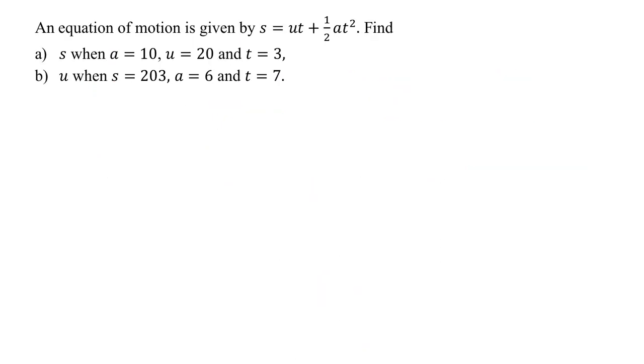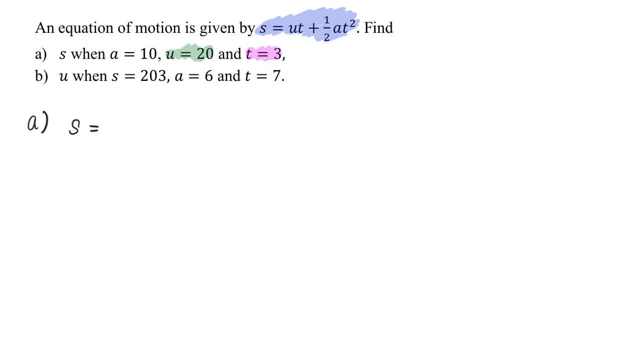Hello everyone, welcome to this video where we will need to evaluate an unknown given all the other values. So let's move on. For part A, we need to find the value of S given this formula. The formula is all the way here. The very first step is to substitute all the values that are given. So my S would be equal to my U is 20, my T is 3.